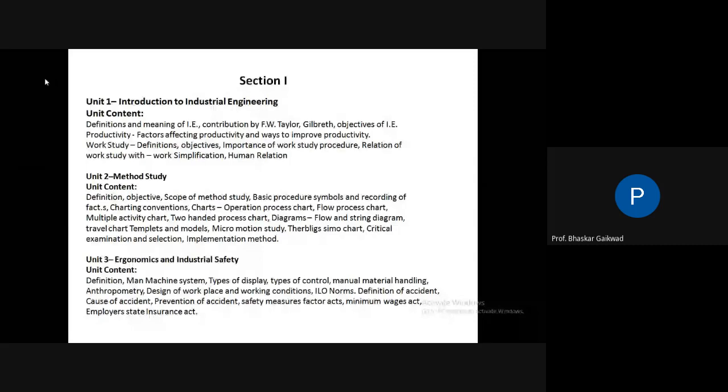The primary thing in this chapter is the role of industrial engineering in industry. Very simple: all this is related to productivity, production, reducing the cost and improvement over present methods.